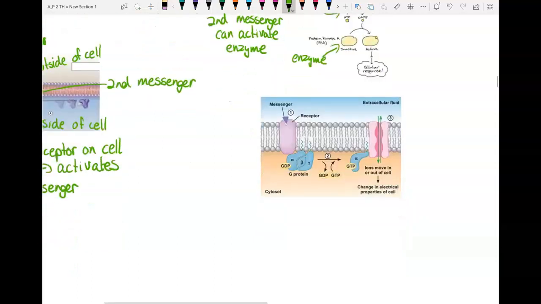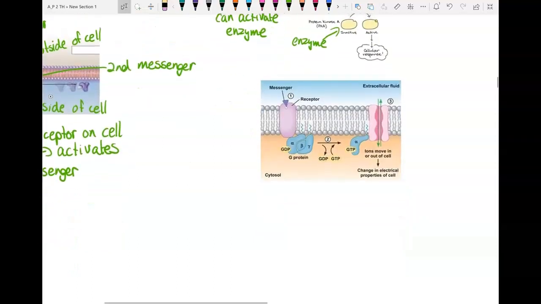The bottom picture shows the other thing a second messenger can do. Here is a gate. Think back to chapter 4. Gates let ions in and out of cells. So you can see here extracellular fluid, that's the outside of the cell. Cytosol, that's the inside of the cell.